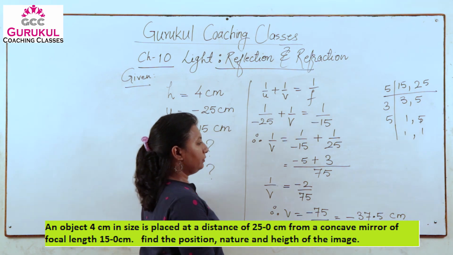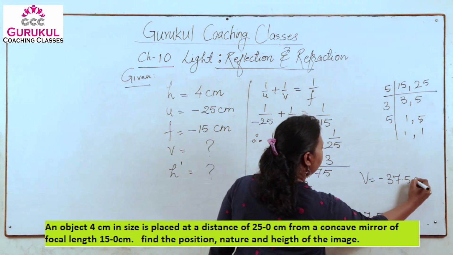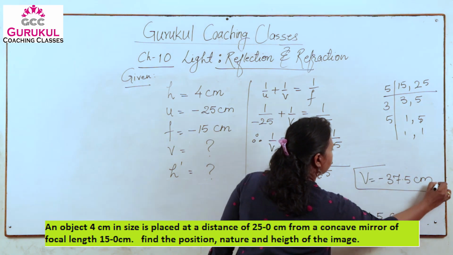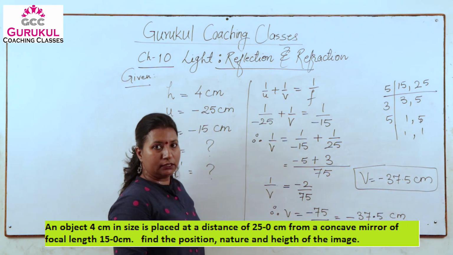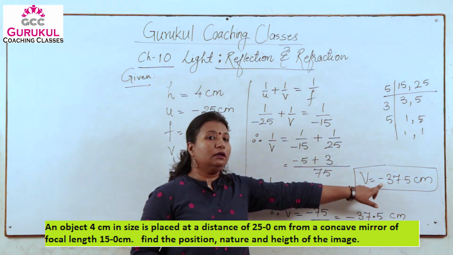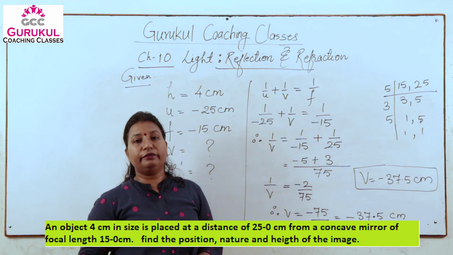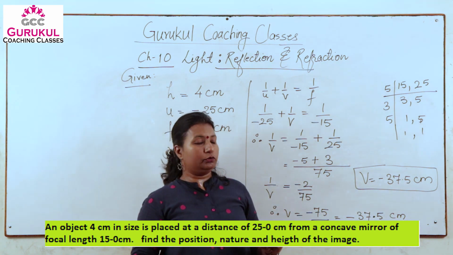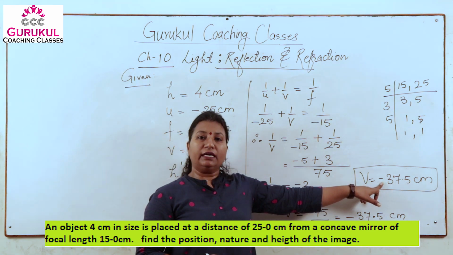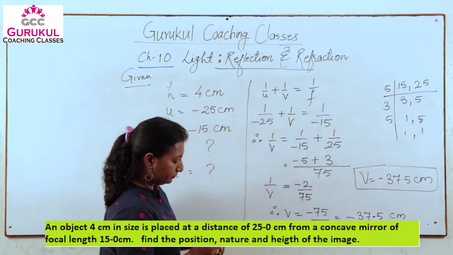So we got the value of v. We are getting the value of v as negative, which means the image is real. It is not virtual. For a virtual image, we will get a positive sign, because it is a concave mirror.